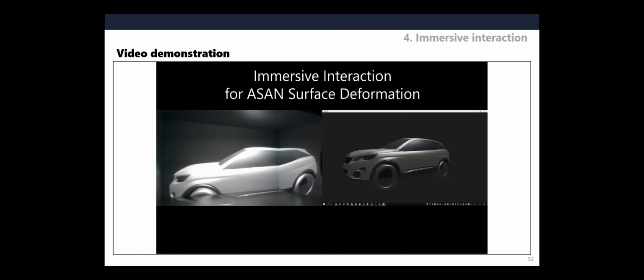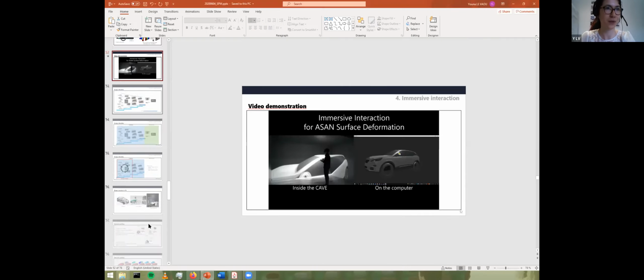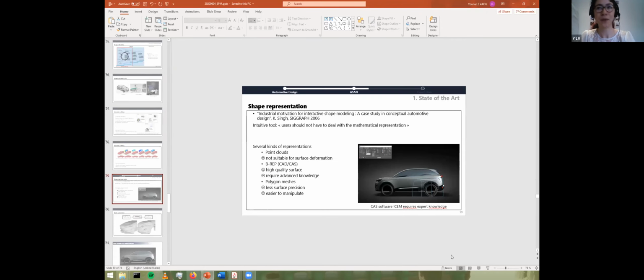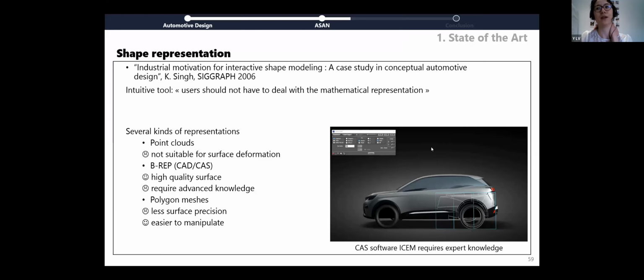I'm curious about the representation, Yuna, that you're choosing during the time of this deformation. Oh yes, we consider several. So the meshes that we were given were CAD surfaces, so NURBS patches, but what the designers usually do is use computer-aided styling software to modify the model, and it's quite complicated for a user that is not familiar with this representation to modify the model.